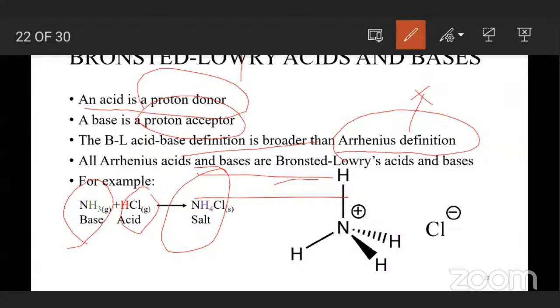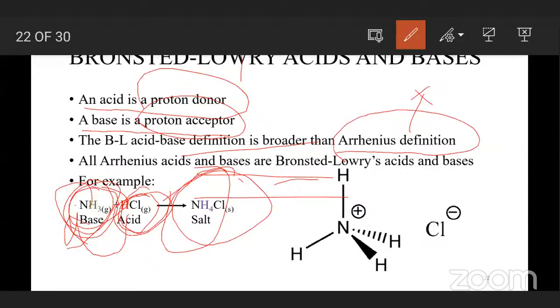So this acid, HCl gas, is able to donate its proton to the ammonia gas, and the ammonia gas is able to accept the proton. Remember we said a base is a proton acceptor. So it forms NH4Cl, an ammonium chloride salt, and that qualifies HCl gas as a Bronsted-Lowry acid and NH3 gas as a Bronsted-Lowry base.